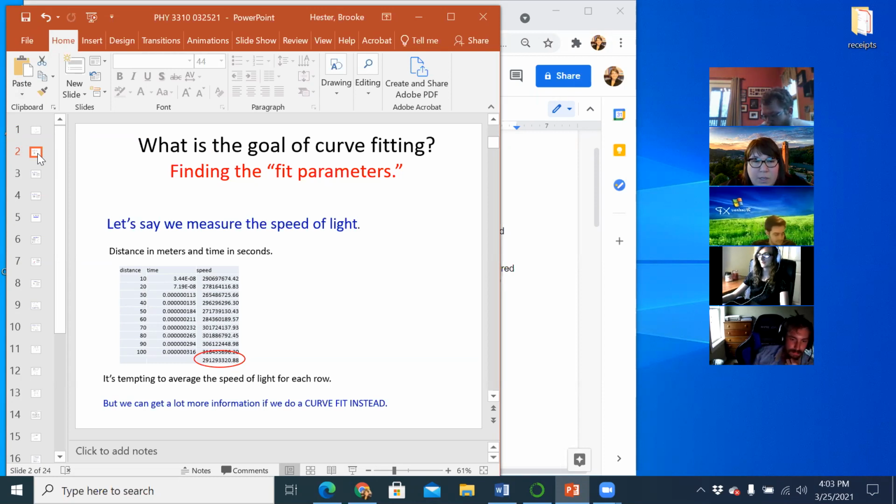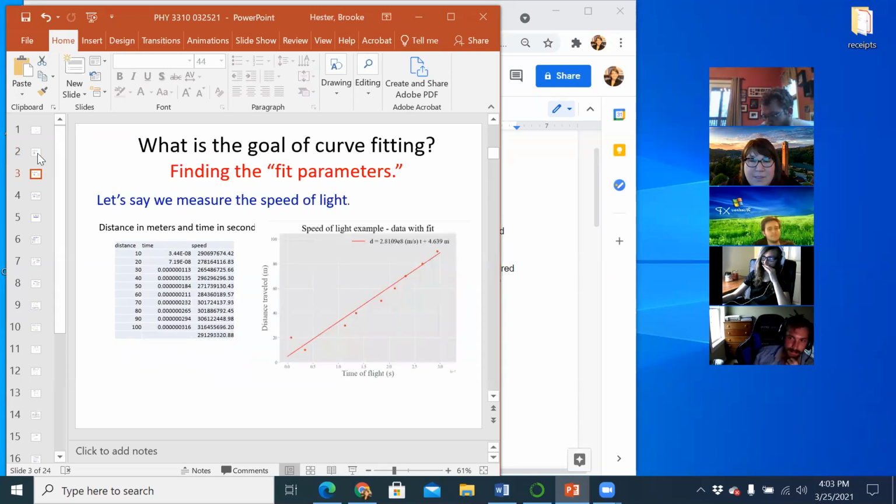And we find all those corresponding speeds of light and we could average them, but it is a superior thing to do to instead fit those points with a curve. And then out we get these fit parameters. And those are, it's not just like we're doing a fit for fun. We want those fit parameters so we can use them in our calculations to actually state our measured speed of light. So we do the fit to convert our measurements into our final quantity.